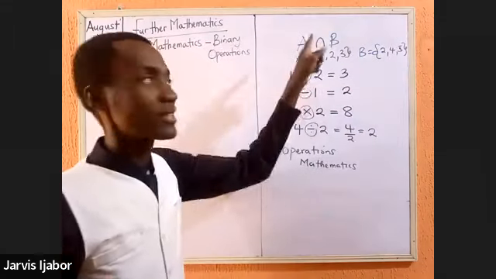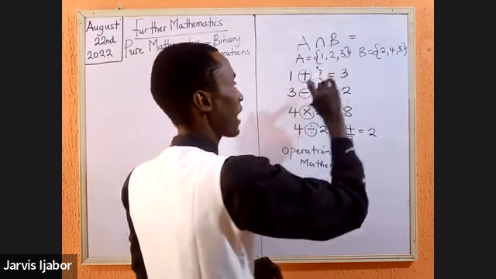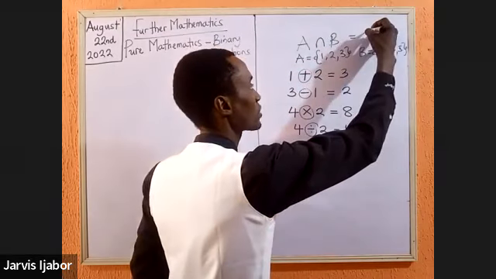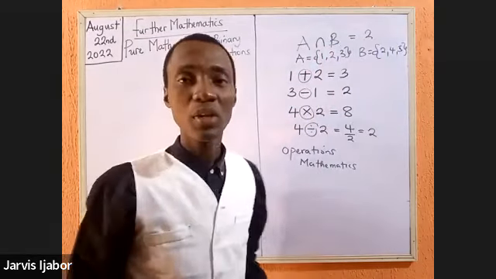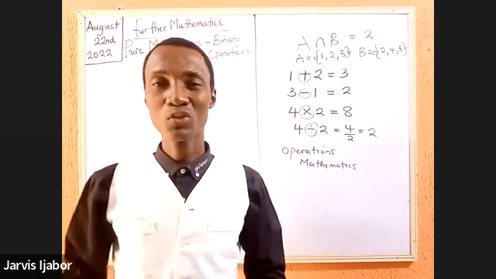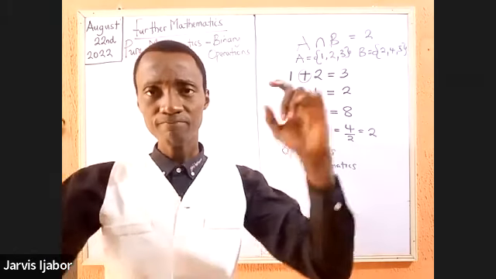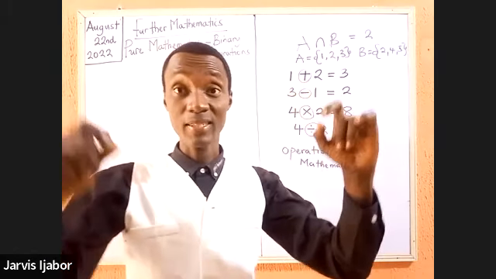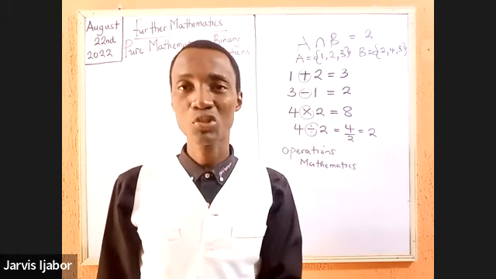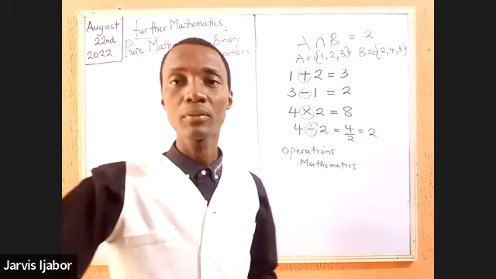Now, A intersection B, A operated on B, would imply that I'm concerned with elements that are common to A and B. And that answer will simply be what? 2. So the concept of binary operation refers to relating terms or relating sets by understanding what instruction the problem should carry out.